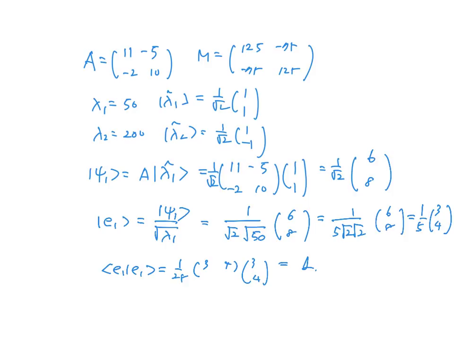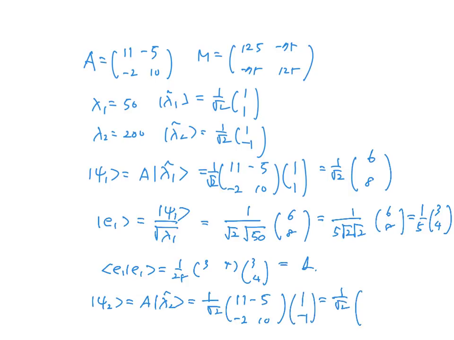How about phi 2 is a lambda 2, square root of 2, 11 minus 5 minus 5, 10, 1 minus 1, square root of 2, 11 plus 5 is 16, minus 2, minus 10 is minus 22, right? So we have some space here.